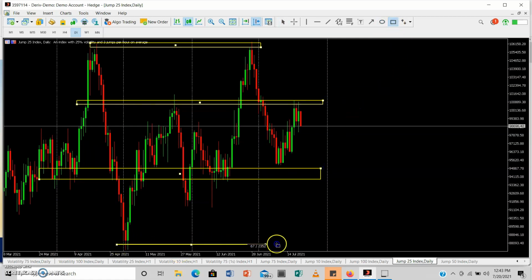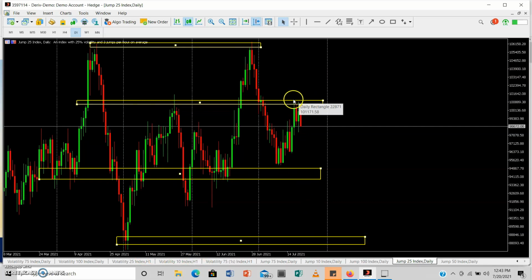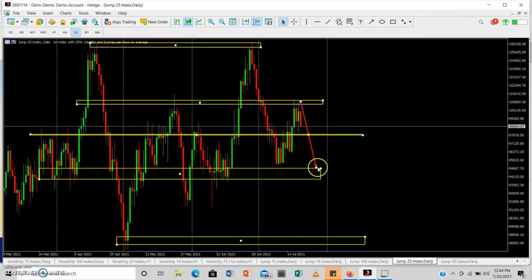So I've highlighted the highest price reached, and I've highlighted our major support zone. We have this minor support zone here, and then we have this minor resistance zone. Right now we're at a minor resistance zone, and I'm anticipating this downward movement up to maybe this point over this coming week. I hope these other minor zones won't really affect us, or will actually be broken as we go down that trajectory.